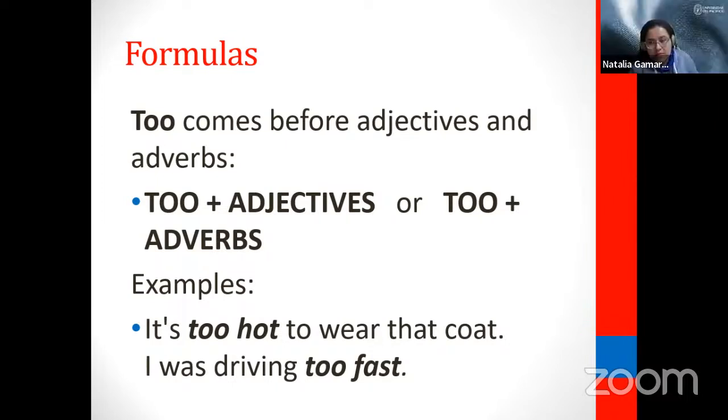Okay. I was watching a movie too happily when suddenly the lights went off.